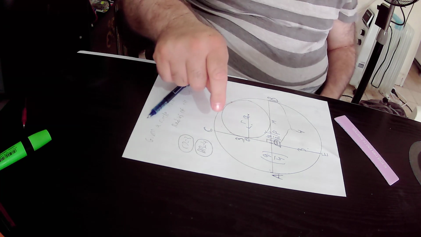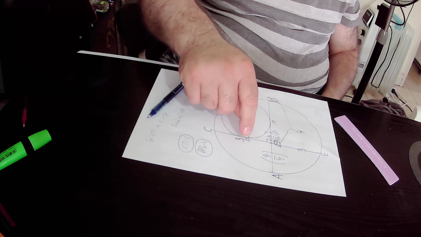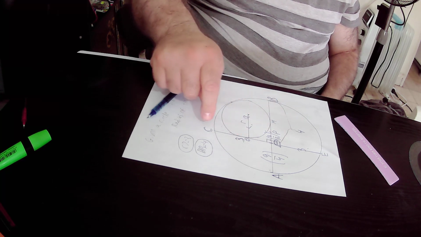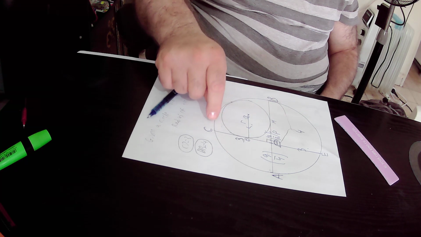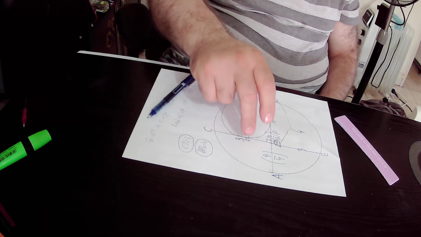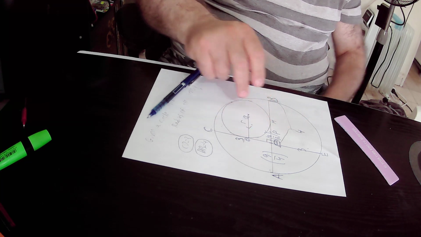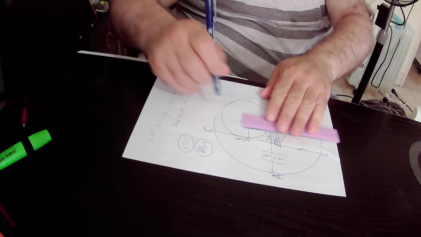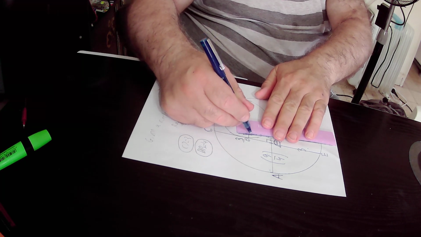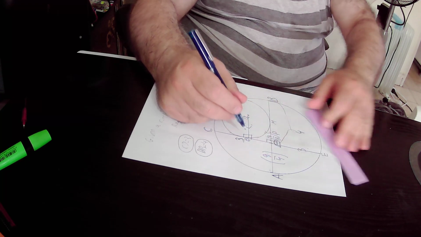Then the tangent CD will be perpendicular to the radius QO. So if CD is perpendicular to QO, it means that this angle equals 90 degrees, and this angle will also be equal to 90 degrees.